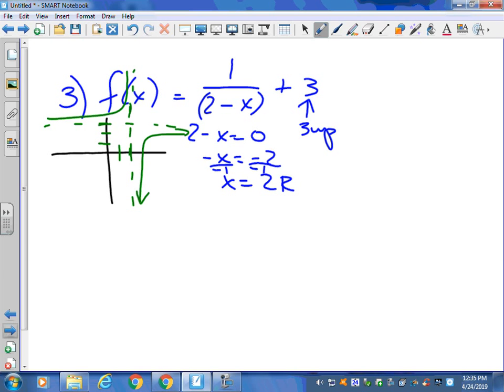Negative on x makes it go over the y-axis. Negative on the beginning of the problem makes it go over the x-axis. So this negative right here makes it reflect over y. And then I moved it to the right and 3 up. And this has the same exact domain as the last question. That did not change.